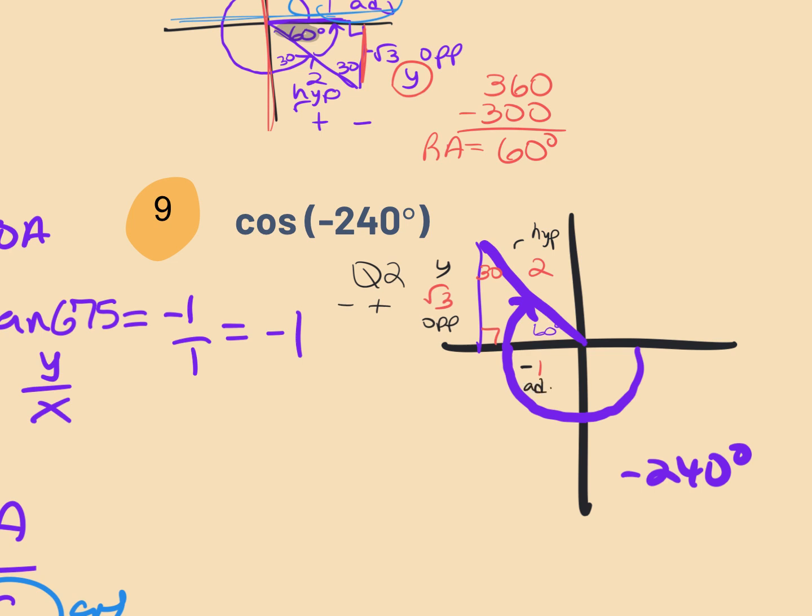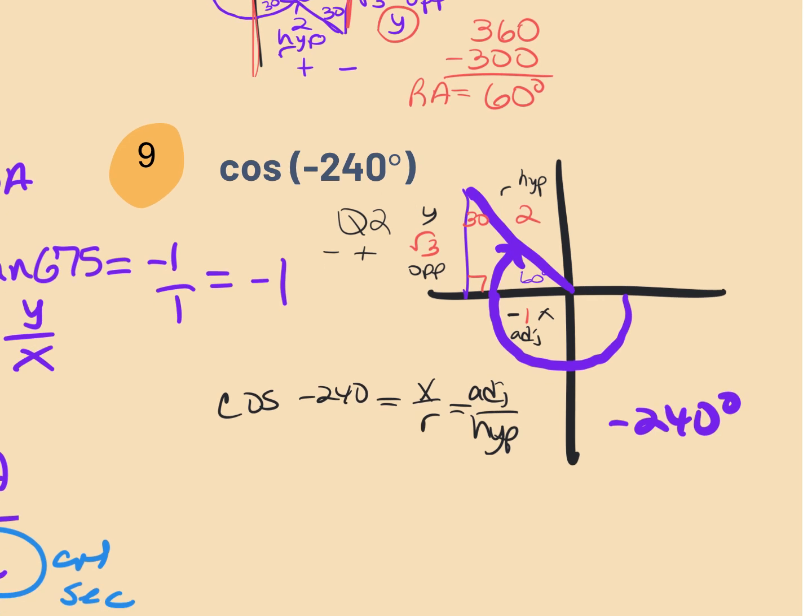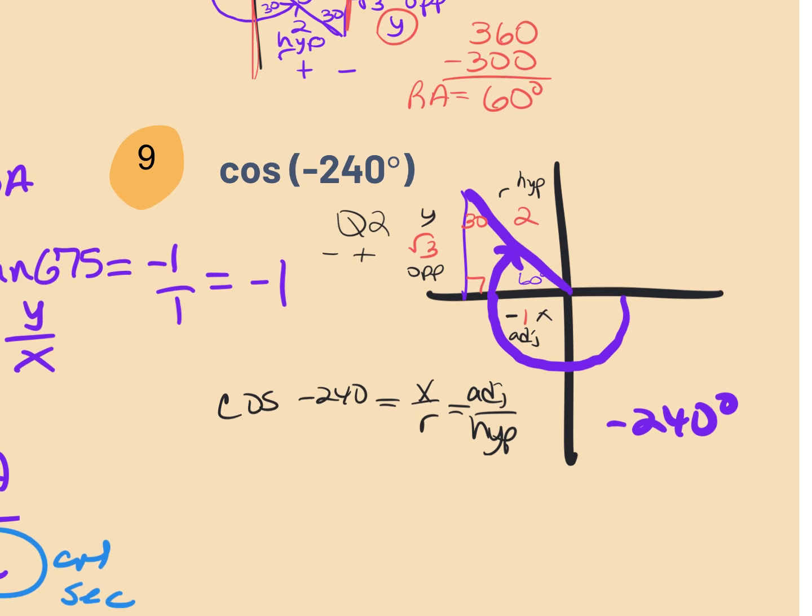And this will be adjacent, or your x value. We're doing cosine of negative 240. Remember, cosine is going to be x over r, or adjacent over hypotenuse. So once we put in these numbers, we can see that the adjacent is negative 1, my hypotenuse is 2.